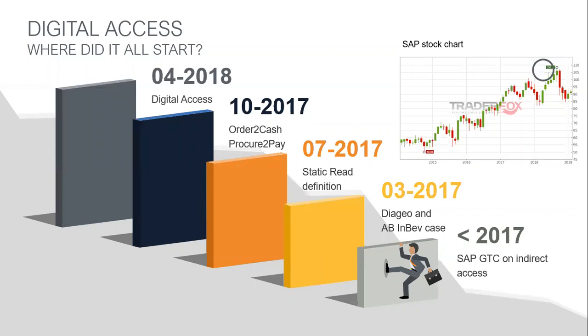In April of 2018, so last year, they came out with digital access, and that tied the bow on this progression from 2017 on. In digital access, and we'll get into more of the details, essentially it's normalizing what SAP wants to do with indirect access.